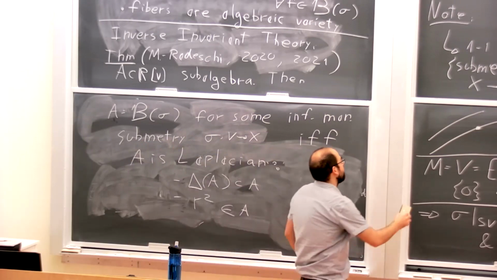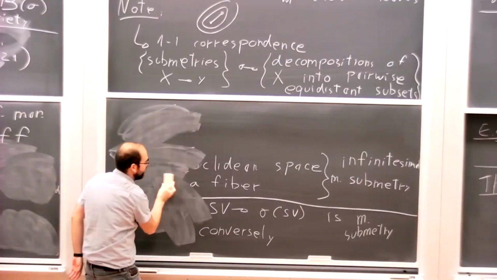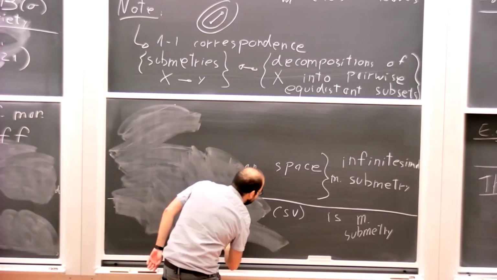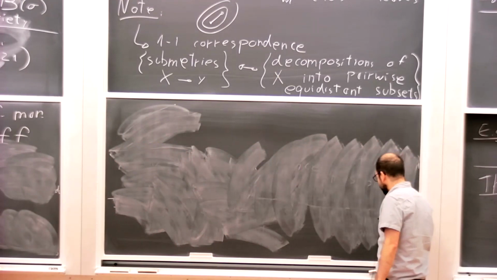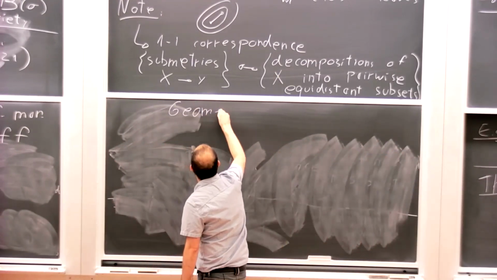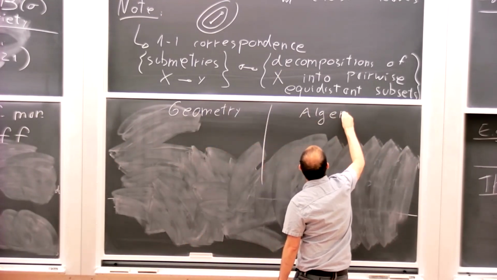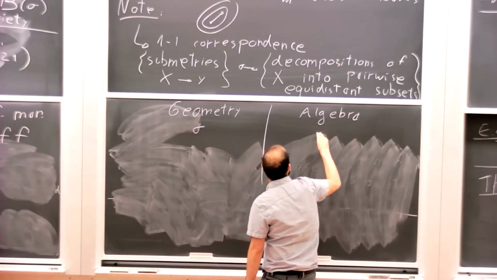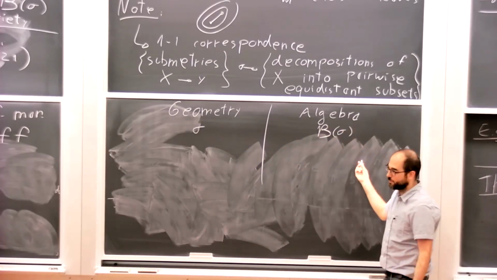But this is a completely general question. You can hopefully work on this kind of question for years to come. So you have geometry on one side and algebra on the other side. Here's the manifold submetry, and here's its algebra of basic polynomials, which are just all the Laplacian algebras.